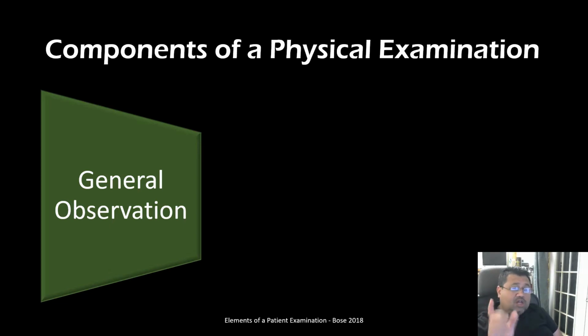This is not a local inspection. This is just a gross assessment of how you find them presenting, whether they are well built, whether they are thin, whether they look cachectic, whether they look malnourished. Those things are mentioned in general observation, including whether they appear to be in distress or not.